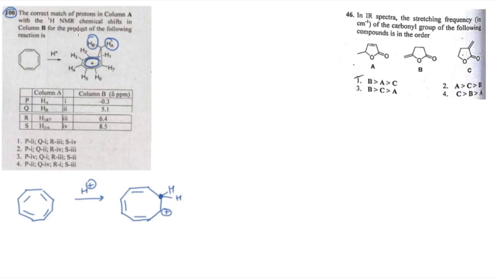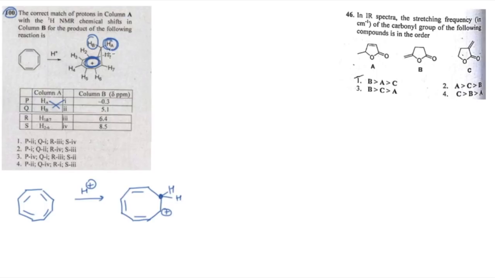Since these 2 protons HA and HB are both on the sp3 carbon, there will be a huge chemical shift difference. Why? Because one of them will be towards this ring current and the other one will be away from it. So your HB will have a chemical shift of minus 0.3 and HA will have a chemical shift of 5.1. This is the value you will usually get.